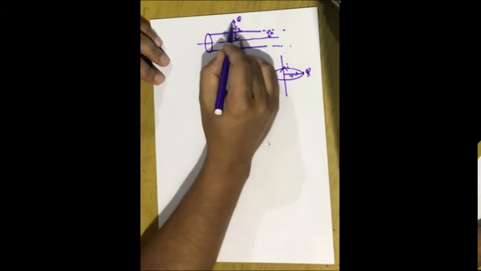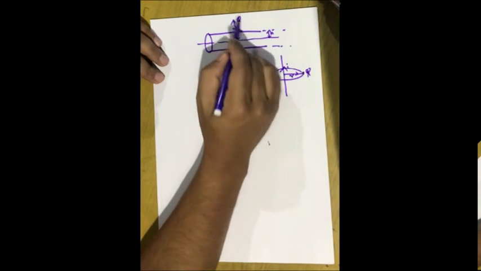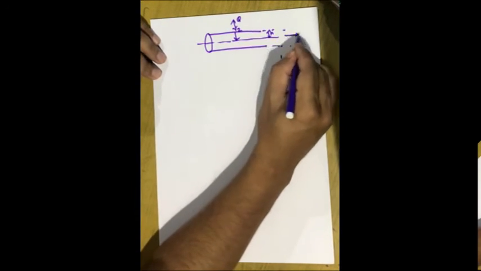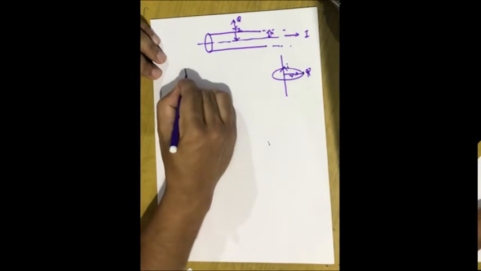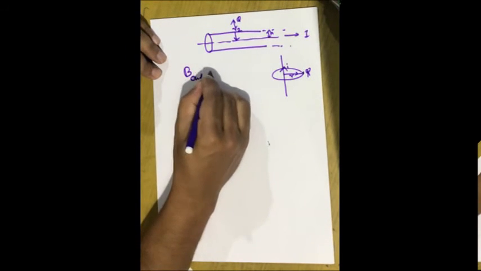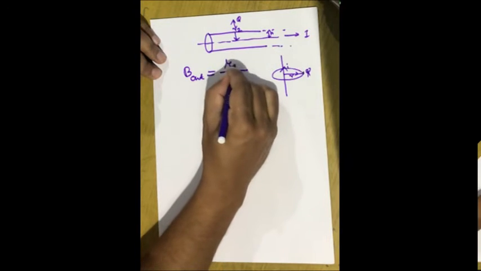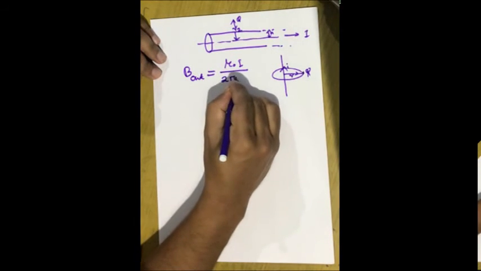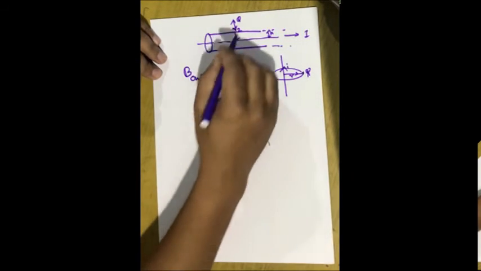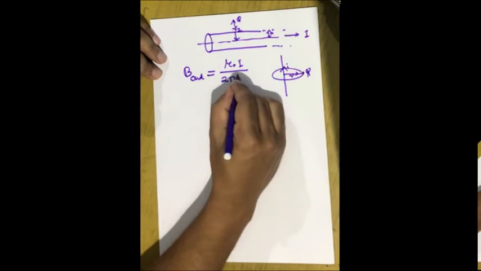So the magnetic field at the point Q due to the current I in the wire will be B outside, equal to mu naught I divided by 2 pi R, and here the value of R is equal to r2.